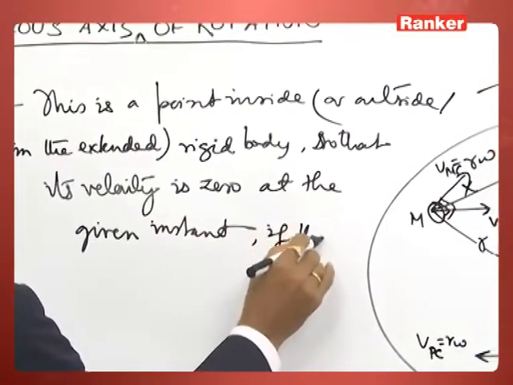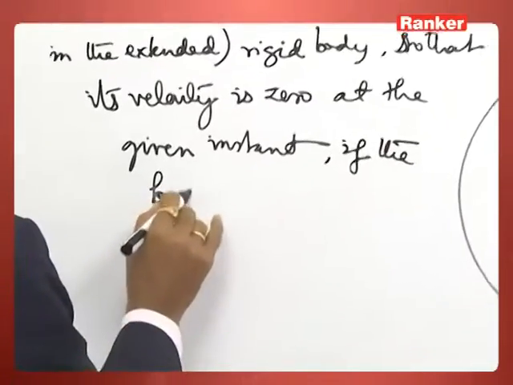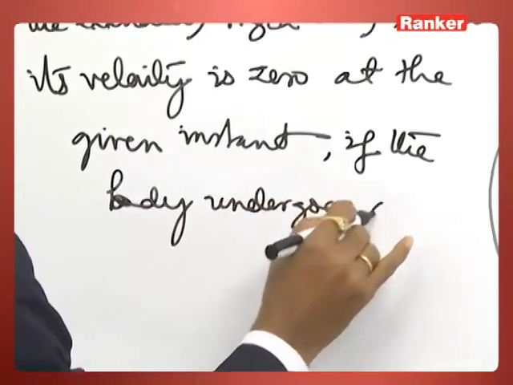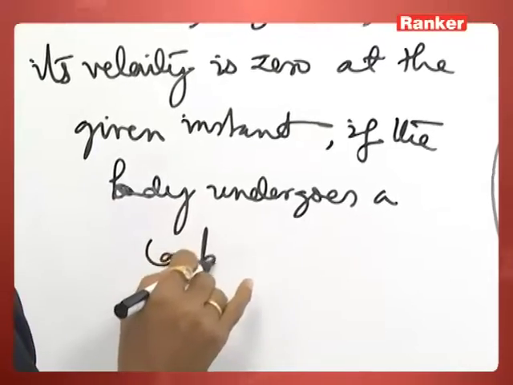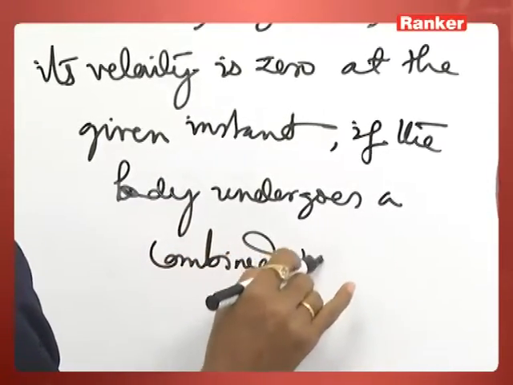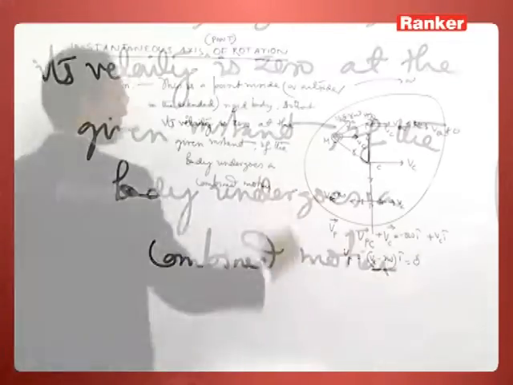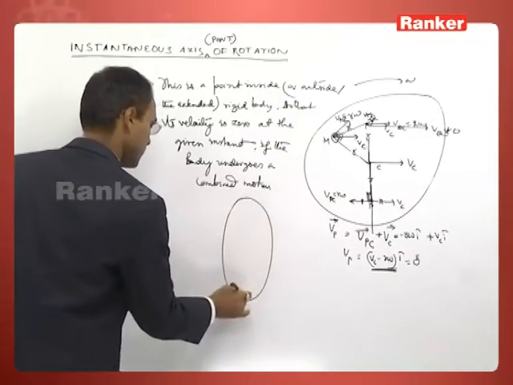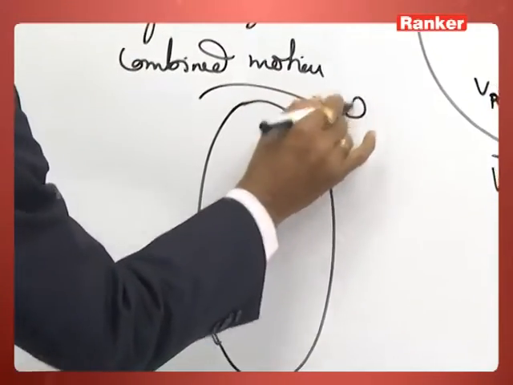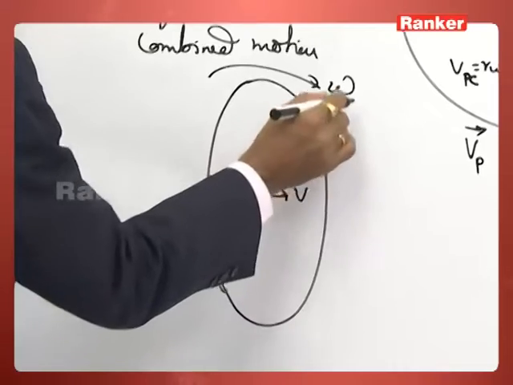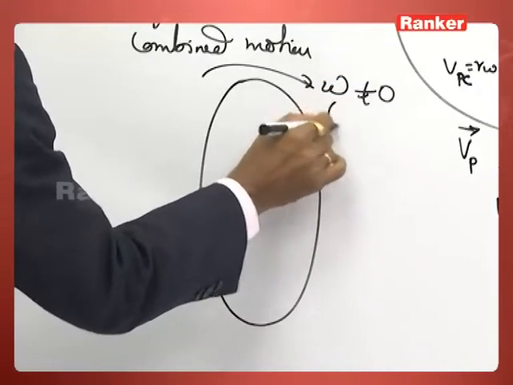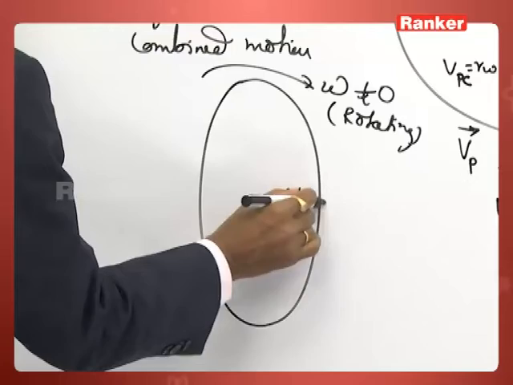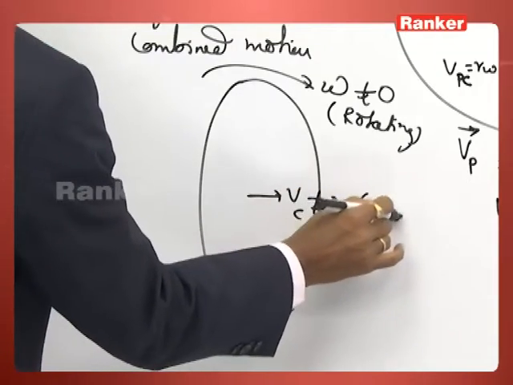If the body undergoes a combined motion, omega not equal to 0, that means it is rotating, and Vc is not equal to 0, therefore it is translating.